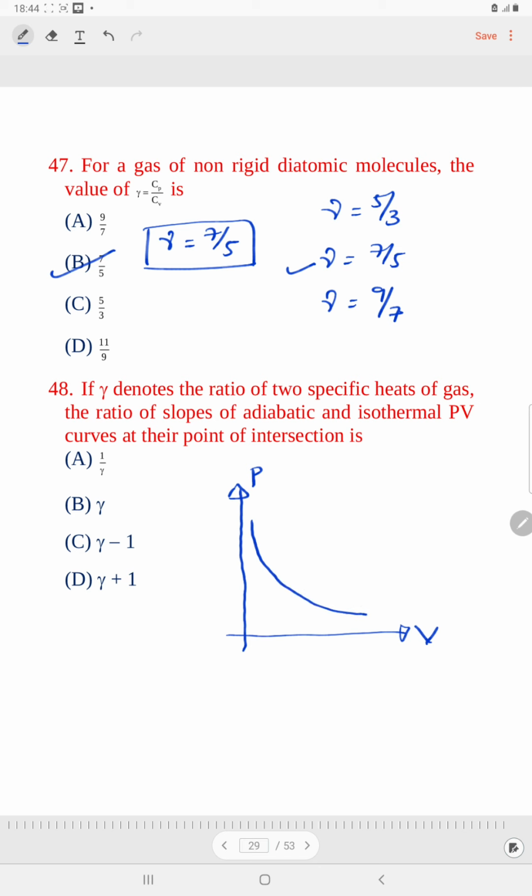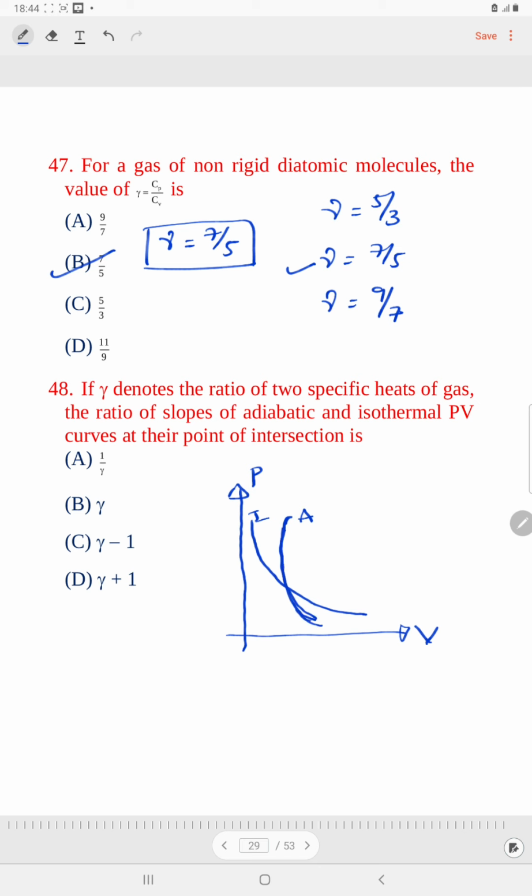With increase in pressure, volume decreases. But an adiabatic curve is a steep curve like this. So this is the adiabatic curve and this is the isothermal curve. The isothermal curve is like an exponential one, but the adiabatic curve is a sudden decrease. It's a steep curve which shows a sudden decrease in volume or sudden increase in volume.